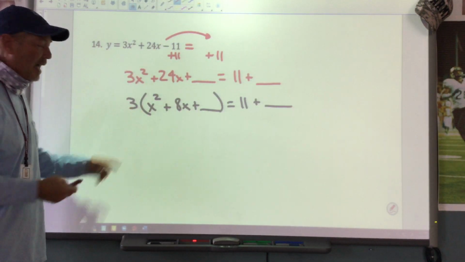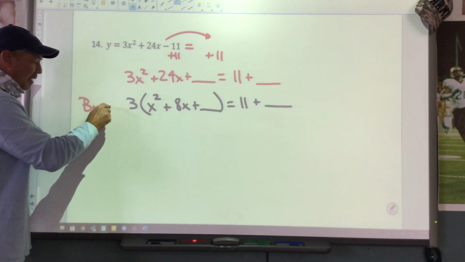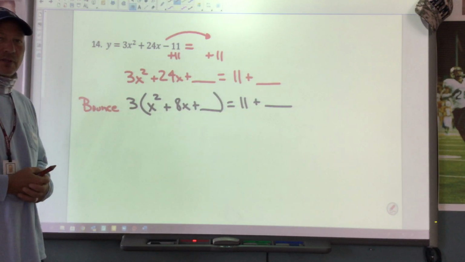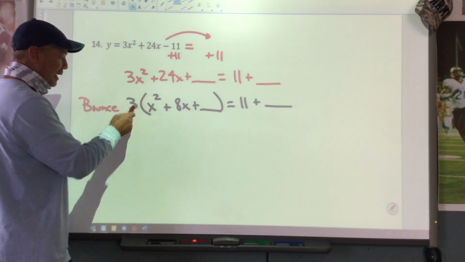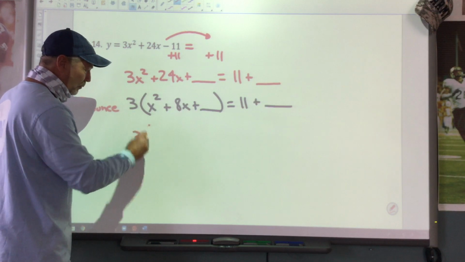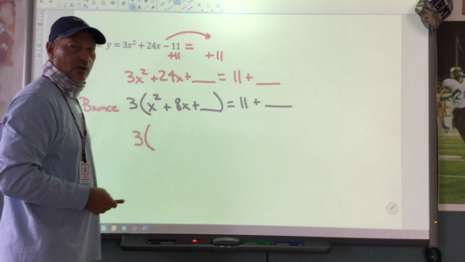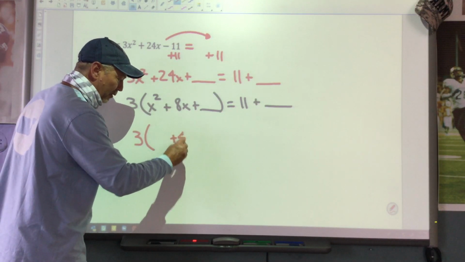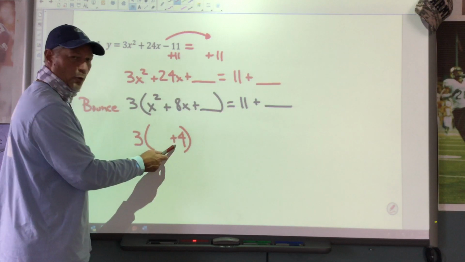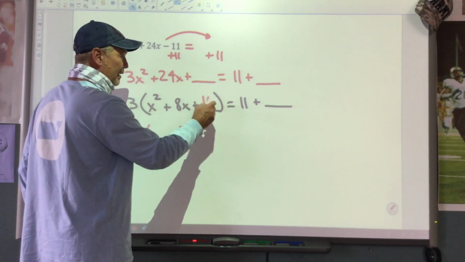Now, since I factored out, I'm going to have to bounce. If you factor, you must bounce. So I bring down the 3. What is half of a positive 8? Positive 4. What is 4 squared? 4 times 4 is 16.